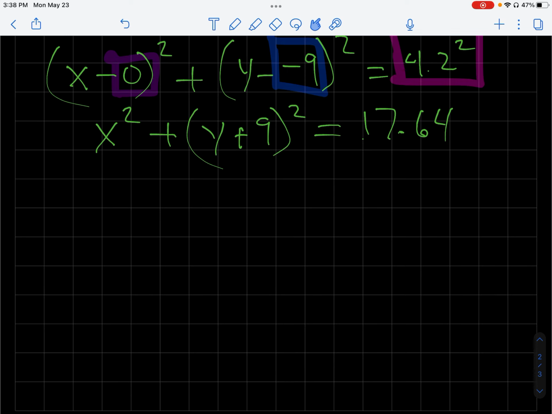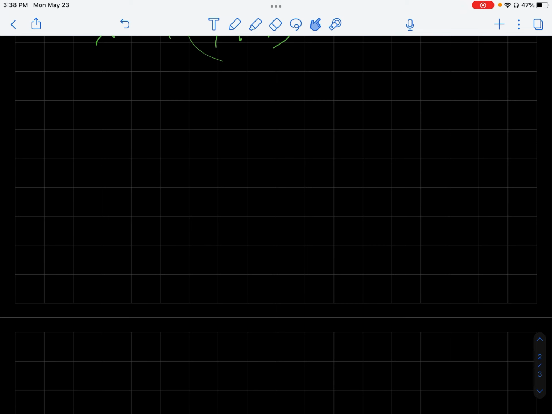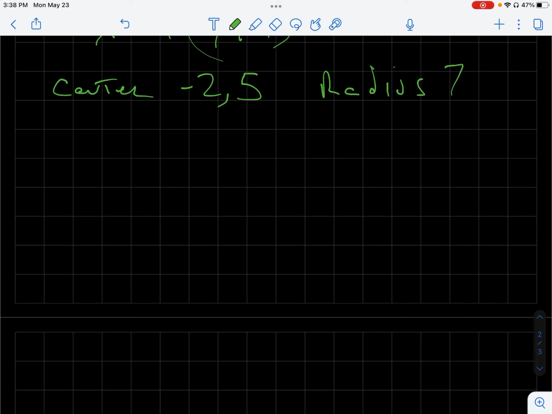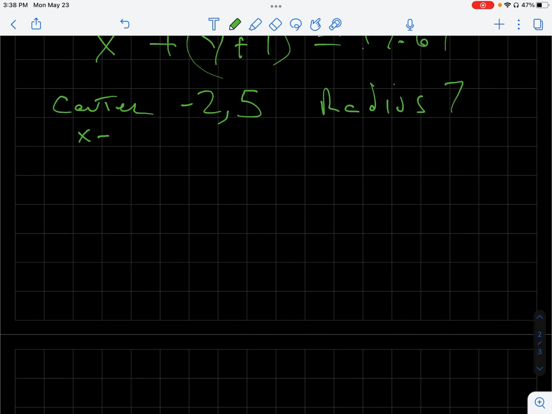So let's look at another one. If we have center minus 2, 5, and a radius of 7, and our formula for a circle is x minus h quantity squared plus y minus k quantity squared equals r squared.